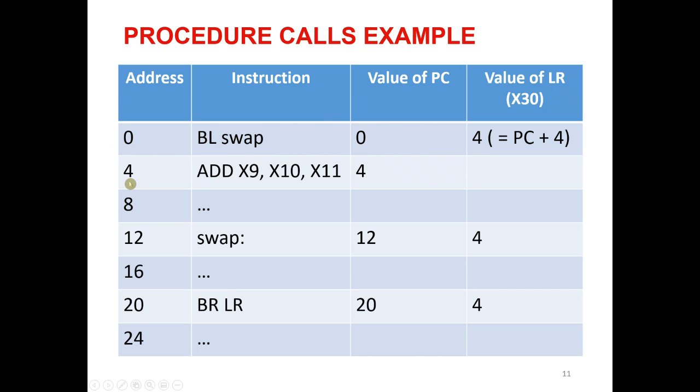Why do I add 4? Remember, I told you that in LEGv8, the instructions are 32 bits wide. And remember that I have also mentioned that the memory is byte addressed. That means that every value refers to 1 byte, 8 bits. So with 4 positions, I'm referring to 32 bits.